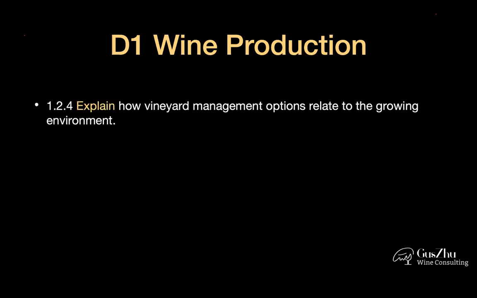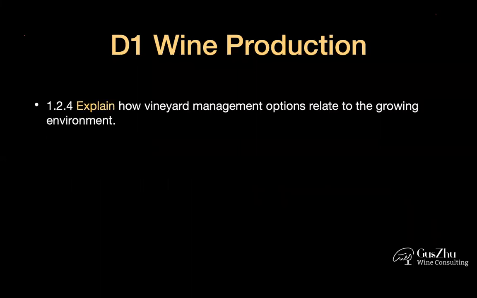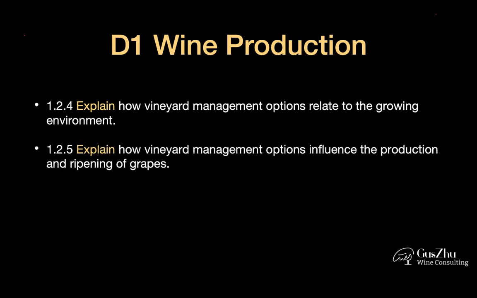Okay, the headings before they even put out this yield per vine, yield per unit area, the assessment criteria are, explain how vineyard management options relate to the growing environment. Or they say, explain how vineyard management options influence the production and the ripening of the grapes.